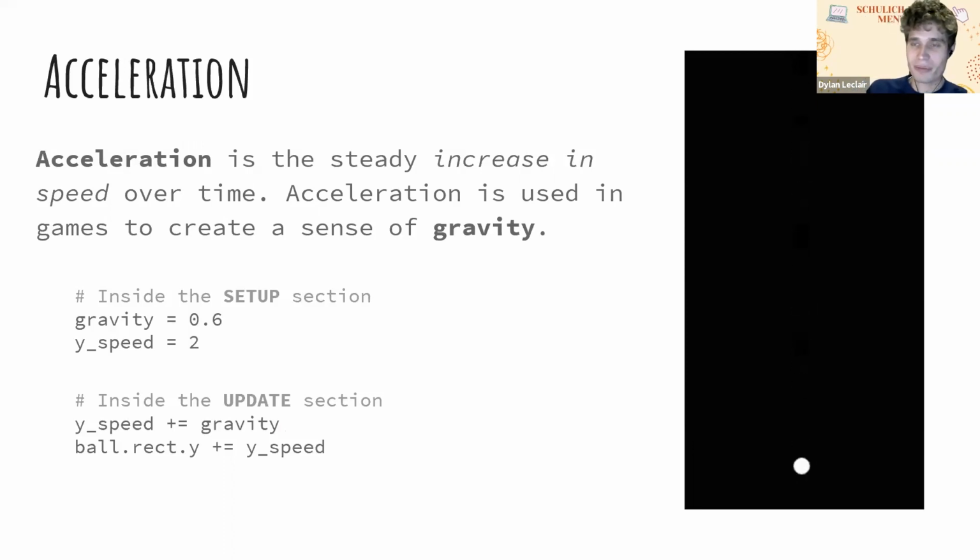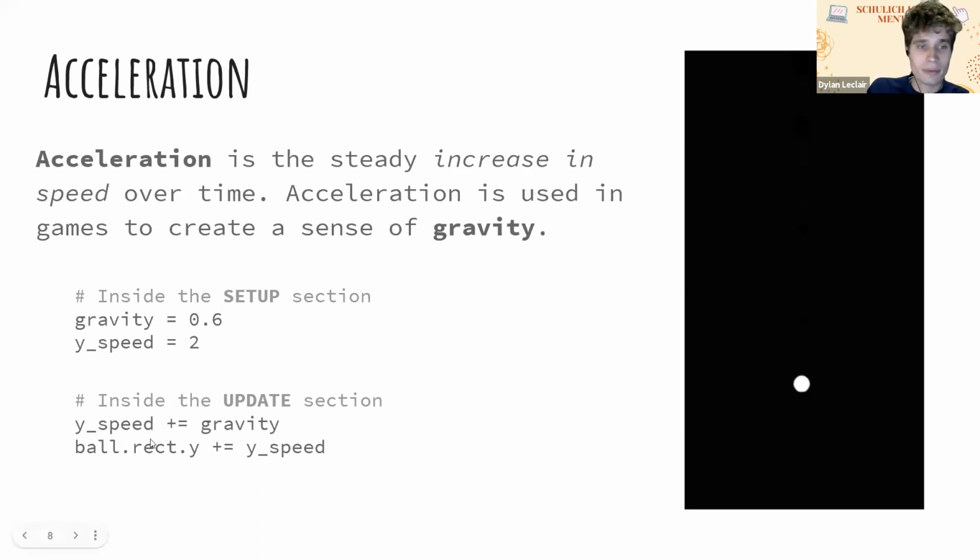A good example is gravity, right? If you look at this GIF here, it might not be super apparent right away, but this ball is actually getting faster, or it's starting to fall faster as the GIF progresses. Basically, how we implement acceleration, and you want to make a really clear note of this, it's super important, is that in your update section, we talked about how it's the increase in speed over time, right?